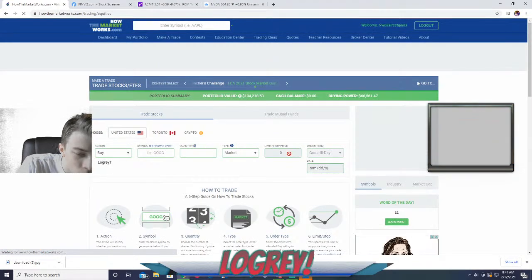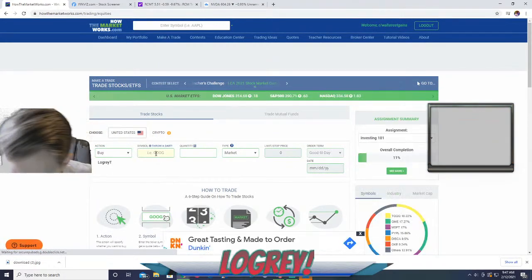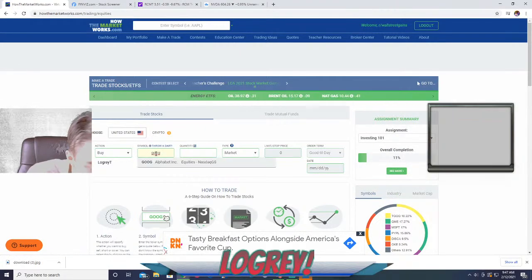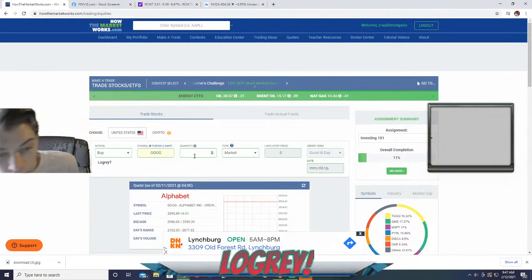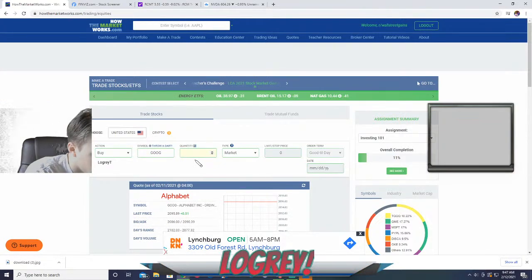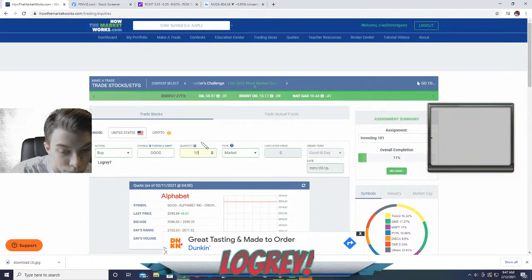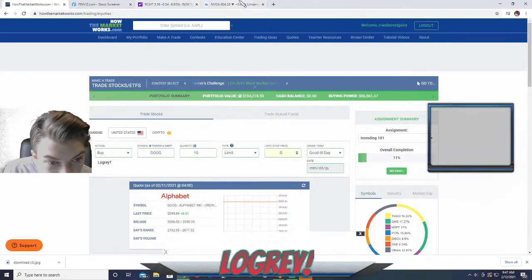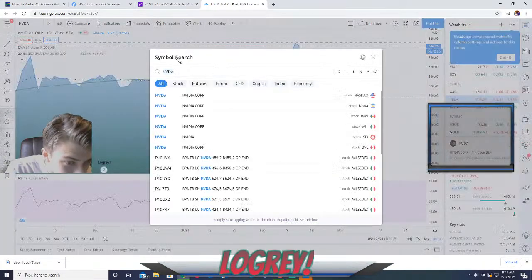A limit order means that, say I want to buy, let's say Google. We'll just say Google just for fun. I'm not actually going to buy it. And then let's just say 10 shares. I don't know, it's expensive. You can go to market limit, and then you could say, let's look at Google and see their lows.